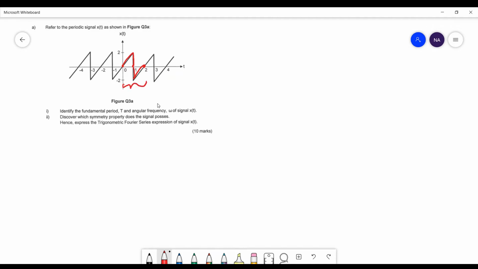So this is considered one period T. So T is equal to 2. If T is equal to 2, then omega is equal to 2 pi over T. Then omega is equivalent to pi.